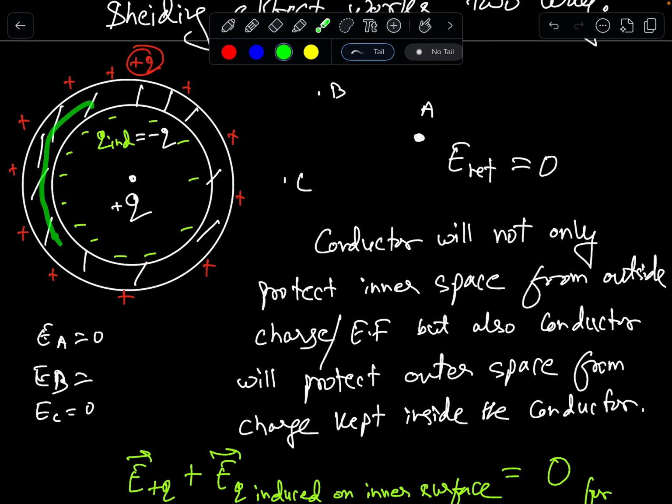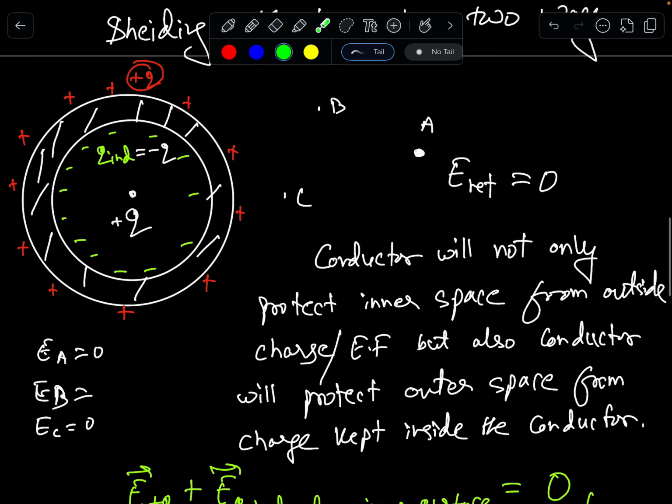As per Gauss law, if you make a Gaussian surface like this, you will get total charge inside has to be 0 because the electric field here has to be 0. If this is plus Q, this has to be minus Q. Now see, because of these two, plus Q and the minus Q induced charge on the inner surface, the net electric field outside has to be 0. But this plus Q on the outer surface will have an electric field here.